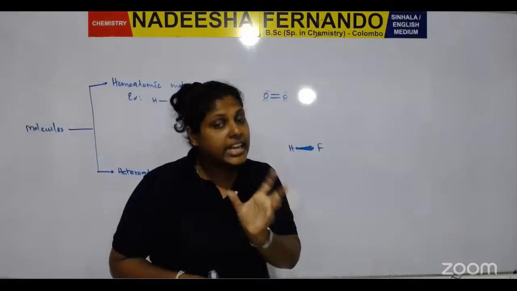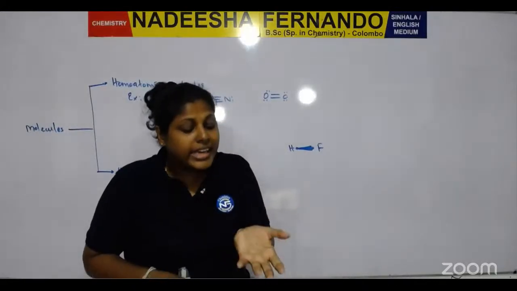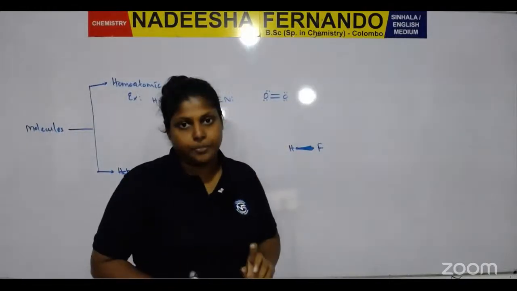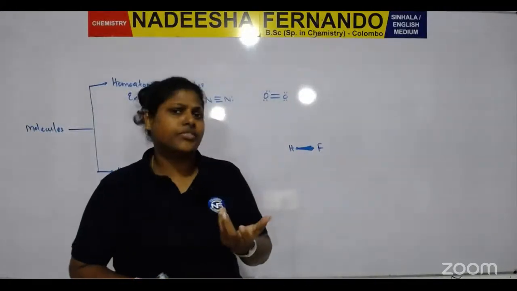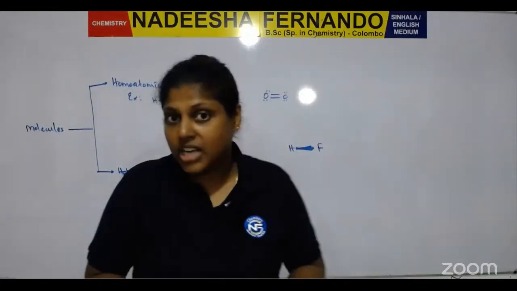Therefore, the electron density around the fluorine increases a little bit, not completely. Because of that, we assign partial charges.